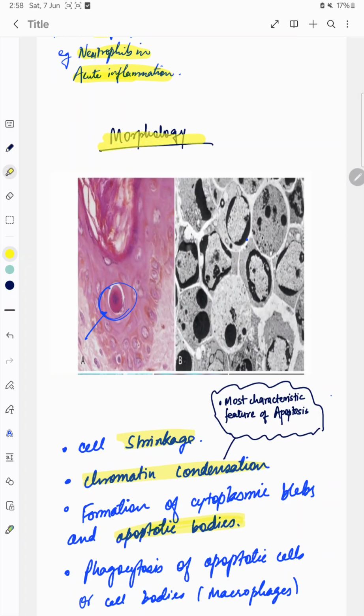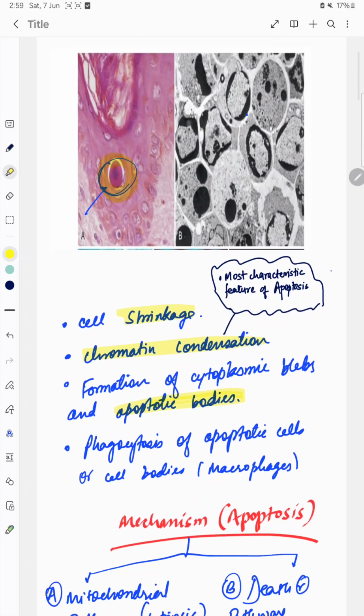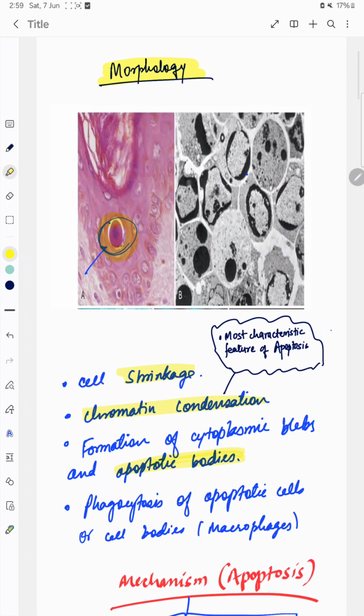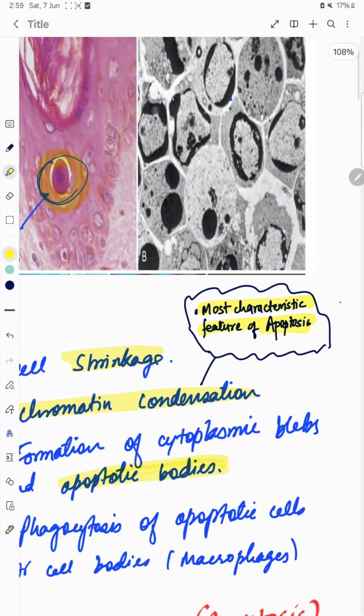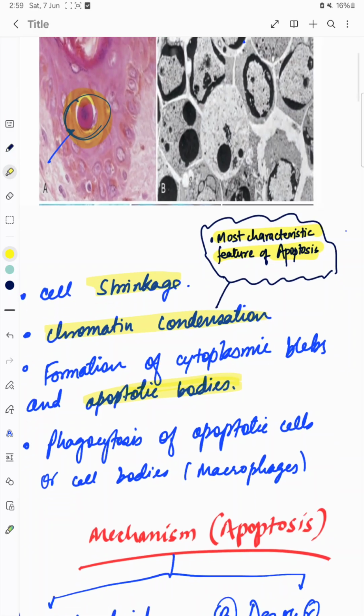In morphology, in H&E, as we can see, this rounded eosinophilic structure is an apoptotic body. So in morphology, there is typically shrinkage of the cell, condensation of the chromatin, which is the most characteristic feature of apoptosis, formation of cytoplasmic blebs and apoptotic bodies.